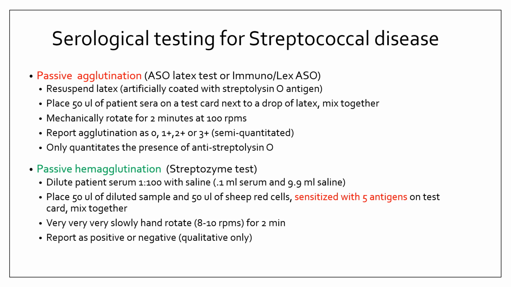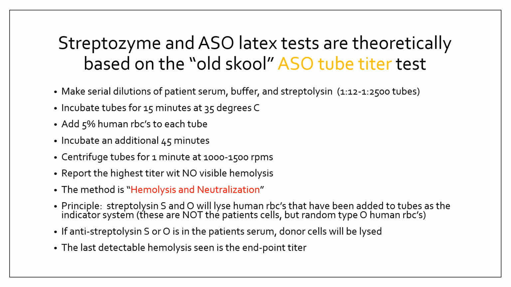Okay? Now in the streptozyme test, we're actually looking for 5 different antibodies. We're looking for anti-streptokinase, anti-streptolysin O, anti-streptodornase, anti-hyaluronidase, and anti-NADase.